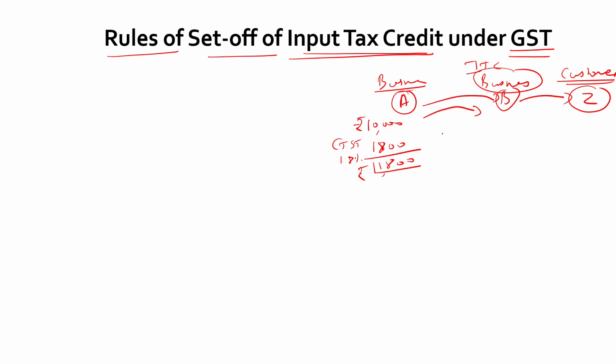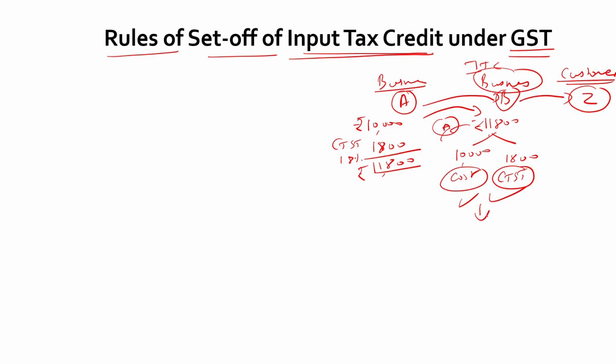So Mr. B will pay a total of 11,800 to Mr. A. In this, there are two components. One is 10,000 rupees, the cost, and 1,800 is GST. So Mr. B is paying both this amount, cost and GST.